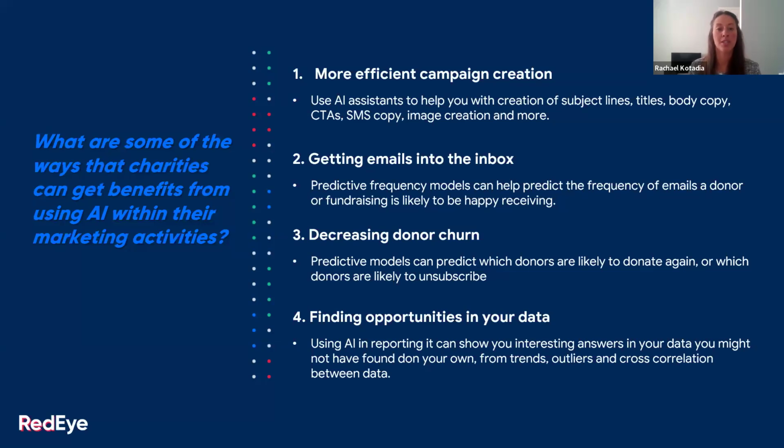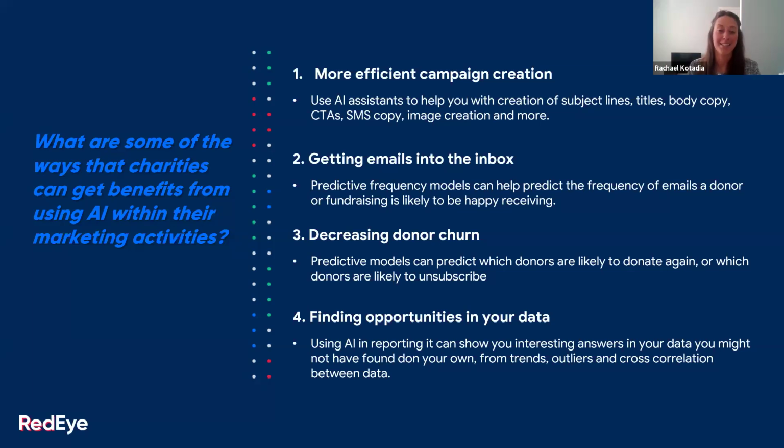So you can make sure that you're not emailing them too much, or are you emailing them enough? This is really important for deliverability, because the more that you email somebody who does not open or engage with your emails, the more you look like a bad sender. That then impacts the deliverability of all the rest of your campaigns, and also the deliverability of your campaigns to the high value donors that we talked about earlier, that you really want to make sure you get your messages out to.